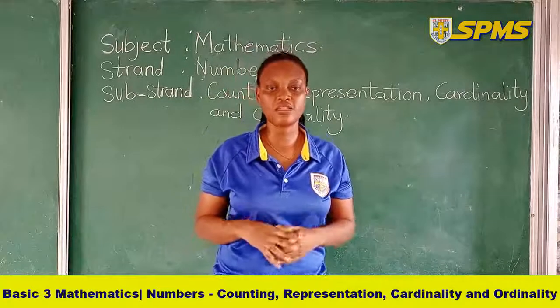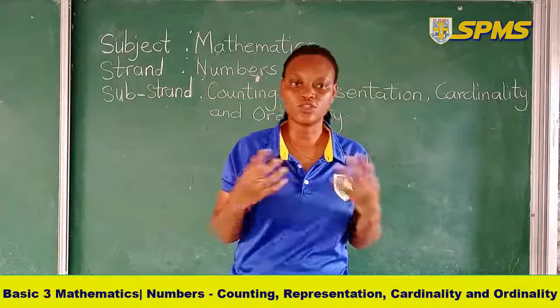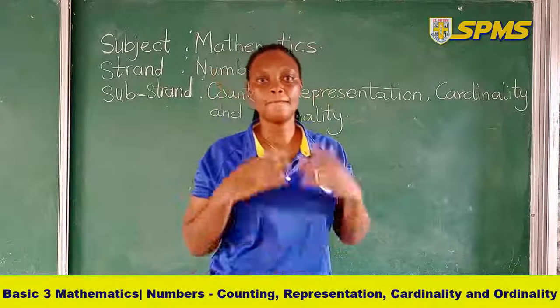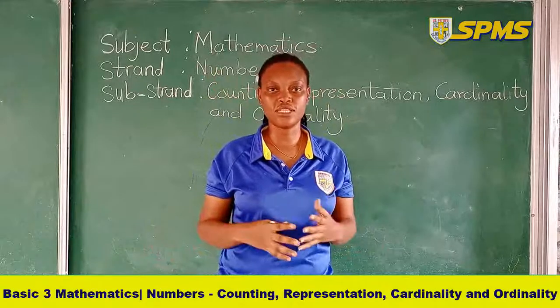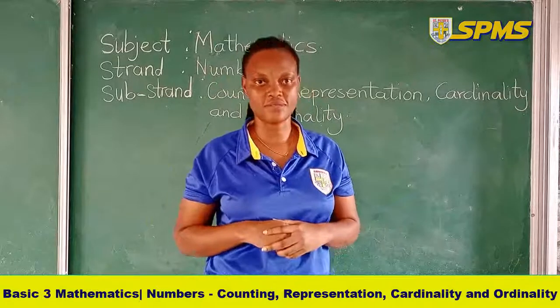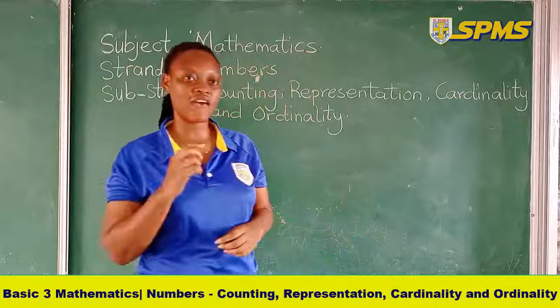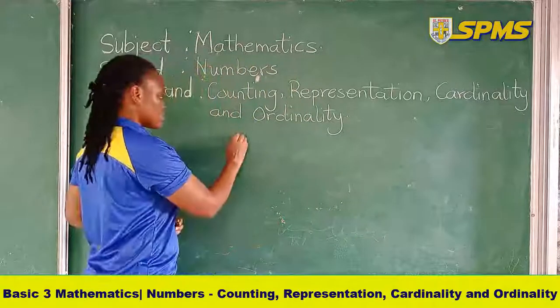So in your previous class, you learned about loose straws and then bundles. We also looked at numerals and then their number names. So for instance, let's take our first number, which is what? 1.